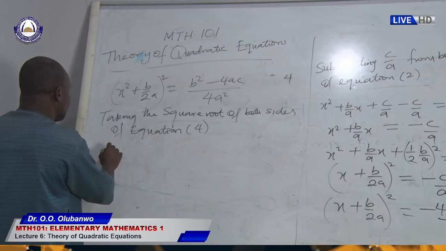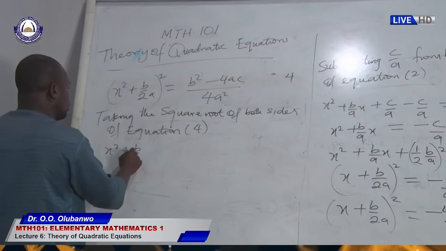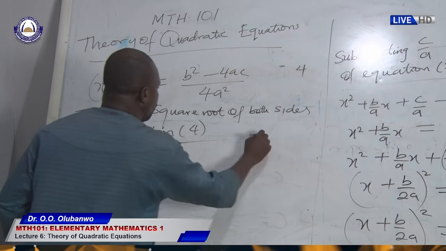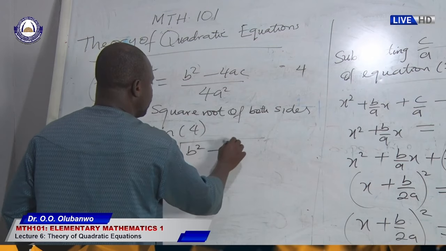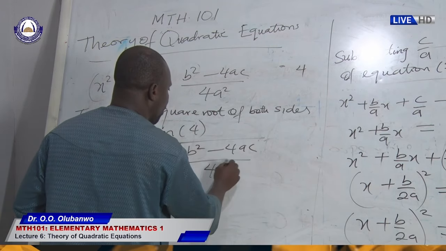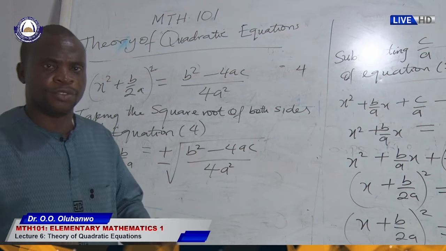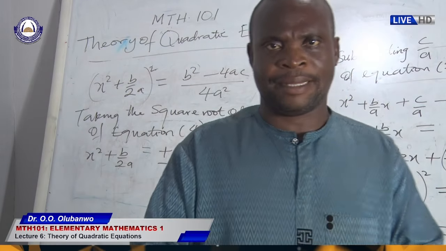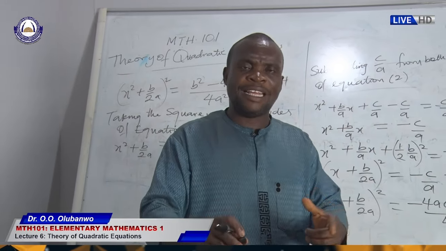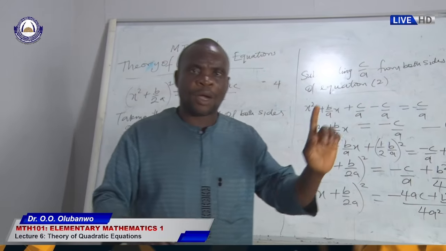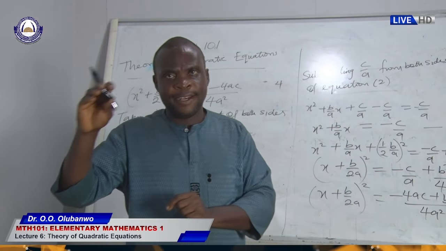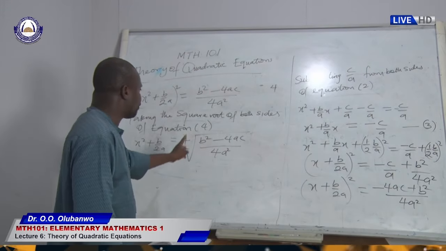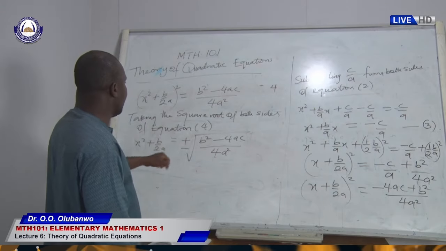So this will be x plus b over 2a equals plus or minus the square root of b squared minus 4ac all over 4a squared. Now, students, we all know that when you are taking the square root of a certain number, naturally it means you are going to have positive and negative, that's why we have plus or minus.